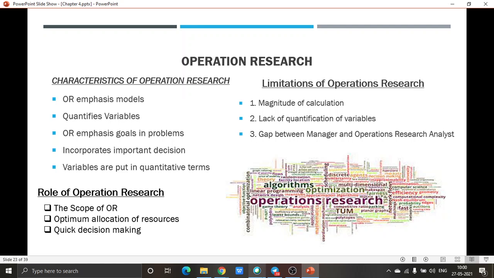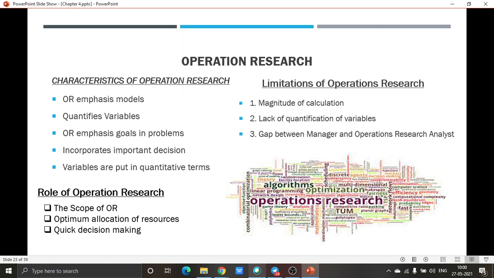But then these units always have the tendency to grow autonomously. Each one of them will be in competition with one another for higher resource allocation. And this will always create a problem before the managers or the head of the organization as to how to distribute the limited resources among the various departments in the organization.